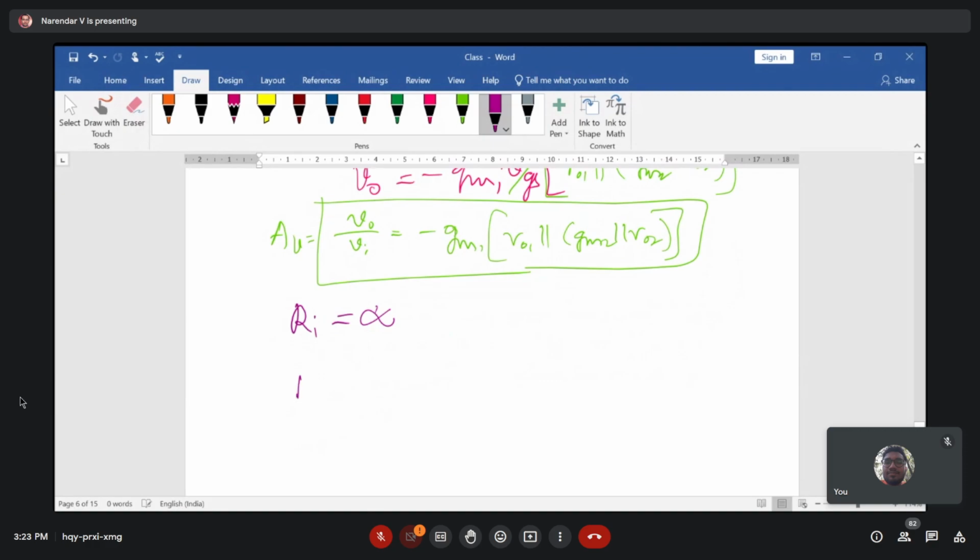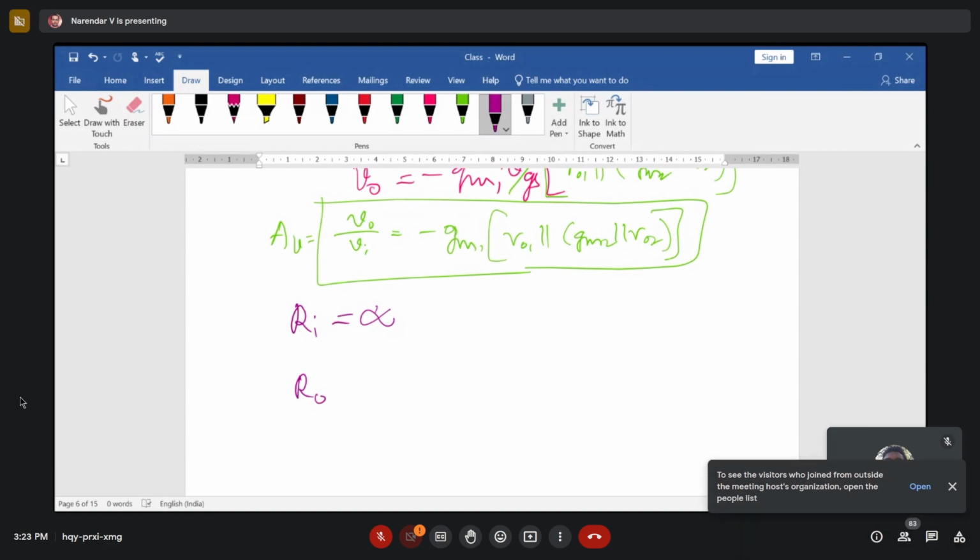And coming to your R0 value, the input side small signal equivalent is considered to be 0, and then from the output side apply another source and try to extract the current, and then finally you will get the resistance R0, which is R01 parallel with 1 over GM2 parallel with R02.